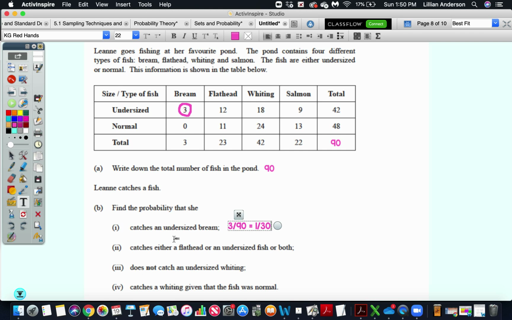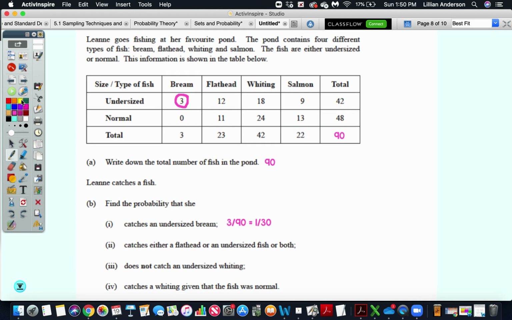So we have 23 flathead fish. We have 42 undersized fish. And then there are 12 fish that are flathead and undersized.